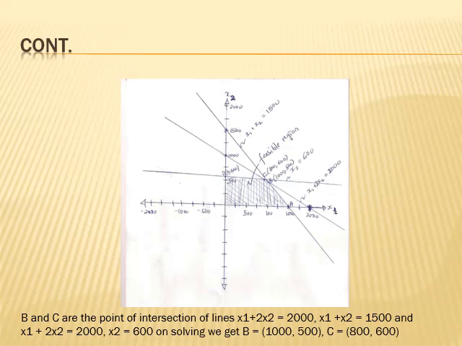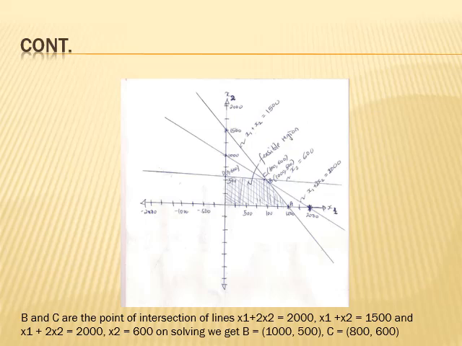And check D. D is 0, 600, the last constraint, the third constraint.